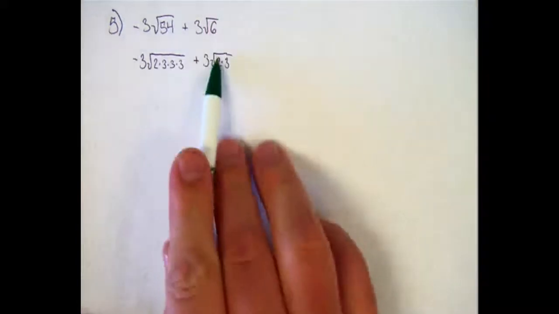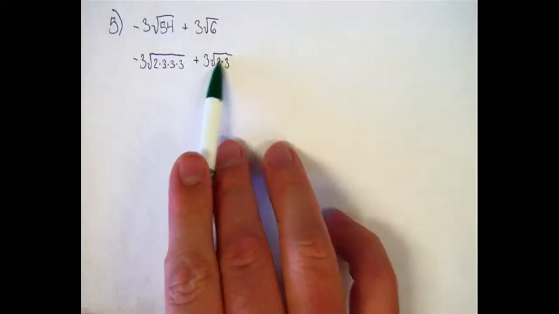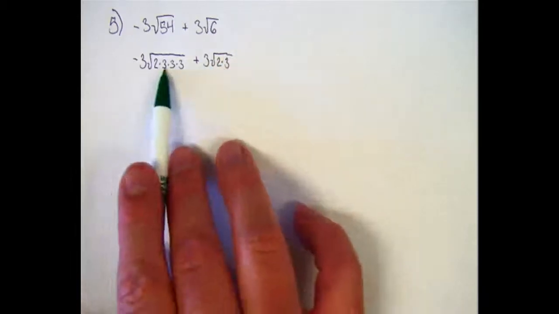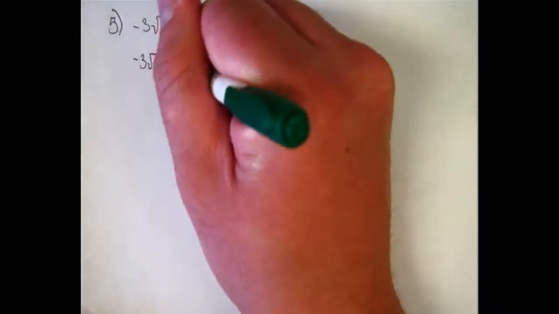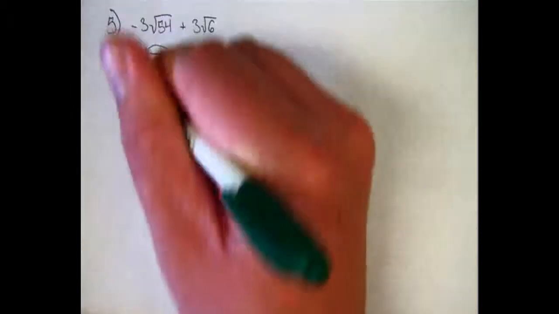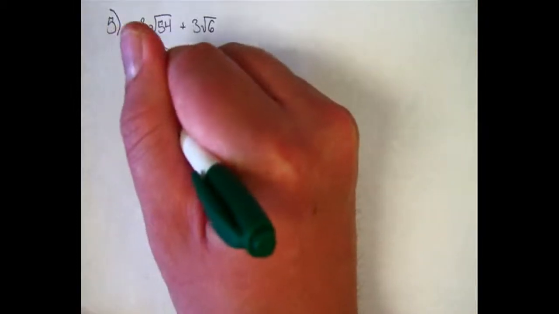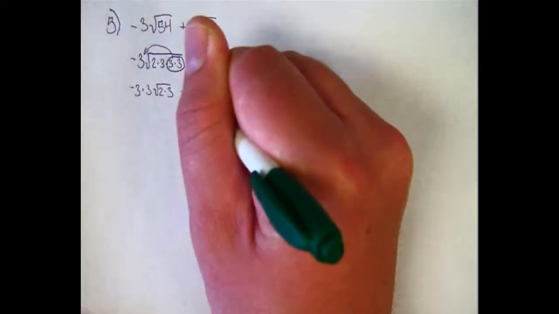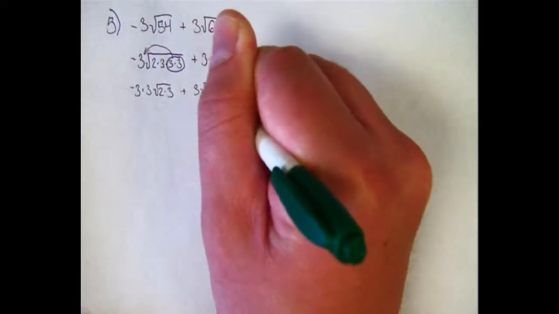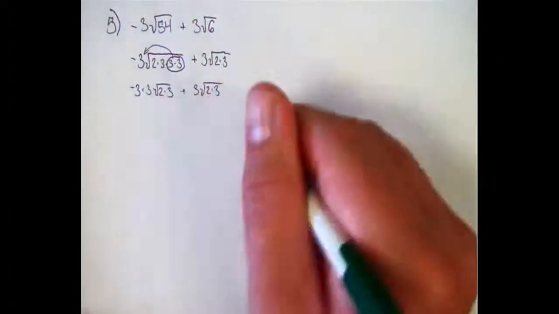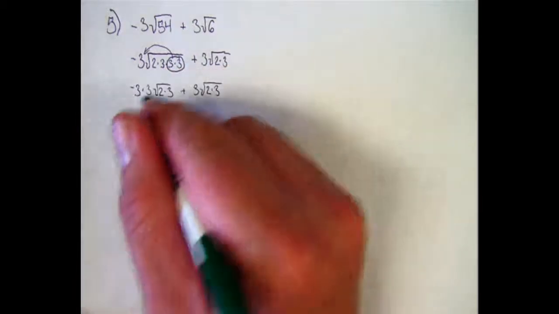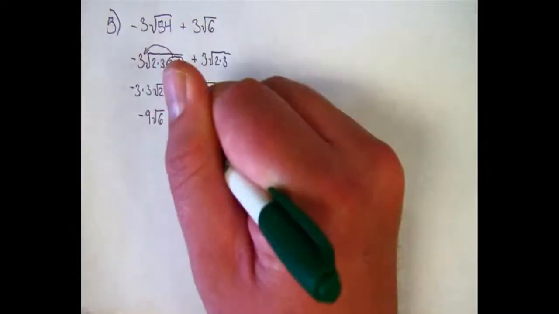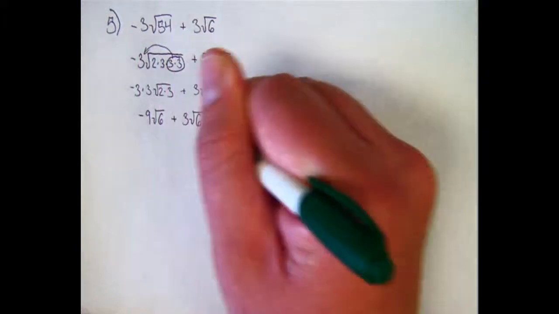So we see once we break this down, even though it's not prime, we can't simplify it because we don't have any perfect squares in there. So let's break this out so that we get negative 3 times 3 times 2 times 3 plus 3 times 2 times 3, and simplify everything back down, condense it, so we get negative 9 times the square root of 6 plus 3 times the square root of 6.